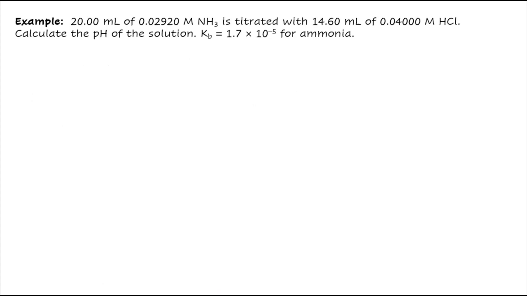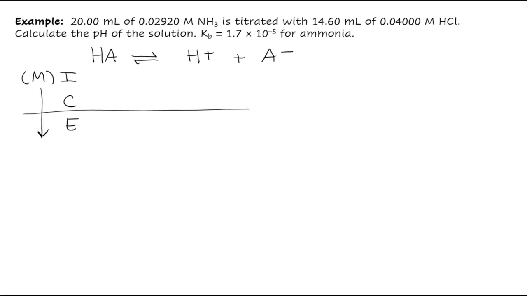Now we can set up our ICE table. So our ICE table is for a weak acid. The equilibrium at the top will be HA dissociating to form H plus and A minus. Our rows are I, C, E, initial, change and equilibrium, and our units here are molarity.